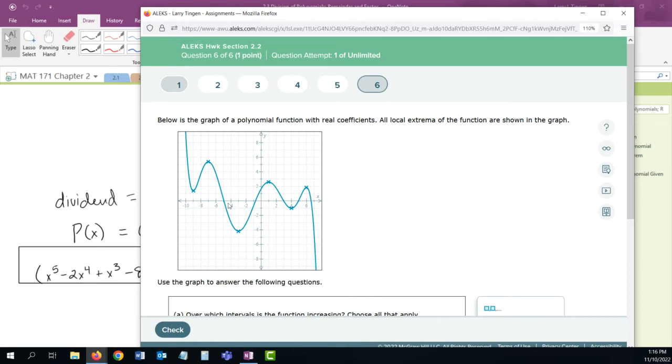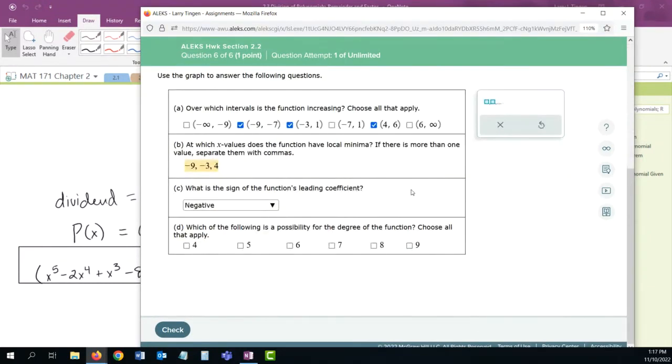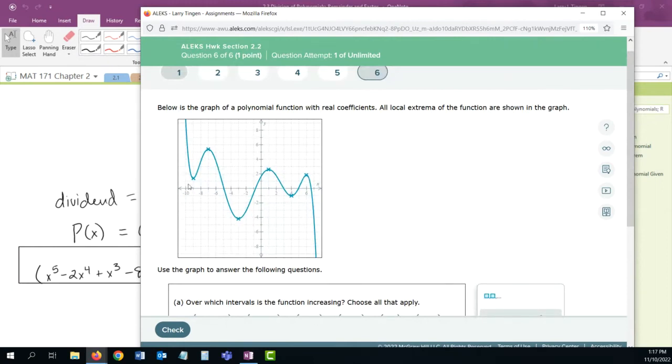So I've got 1, 2, 3, 4, 5. So I cross 5 times. That means I could have a 5th degree polynomial. I can't have a 6th degree because of the end behavior. I could have a 7th degree, and I could have a 9th degree, just based on the intersections, okay?